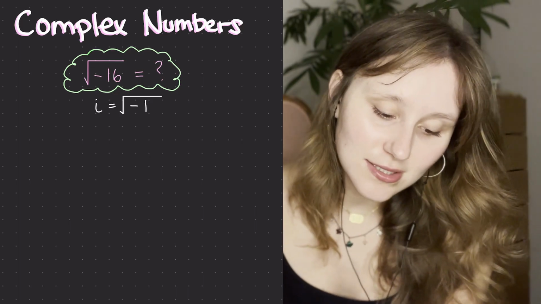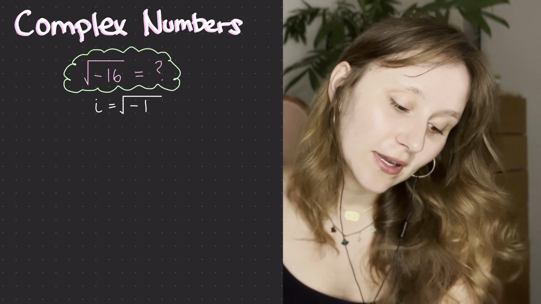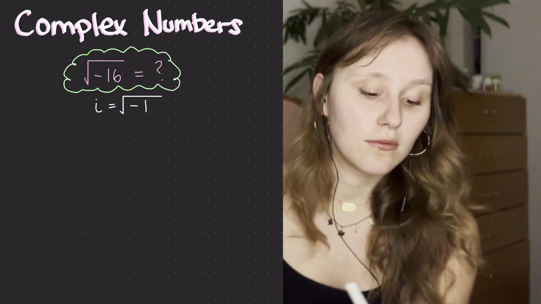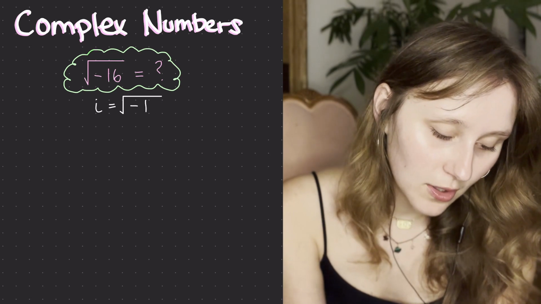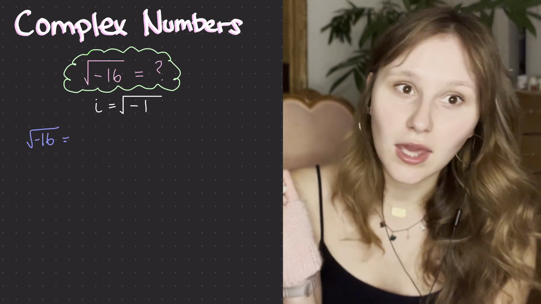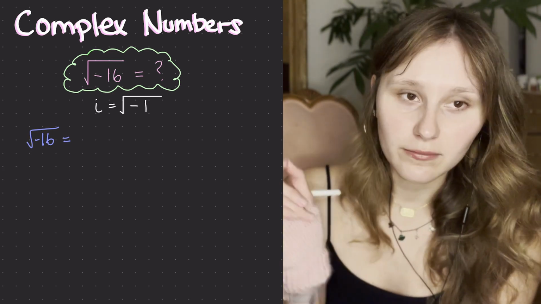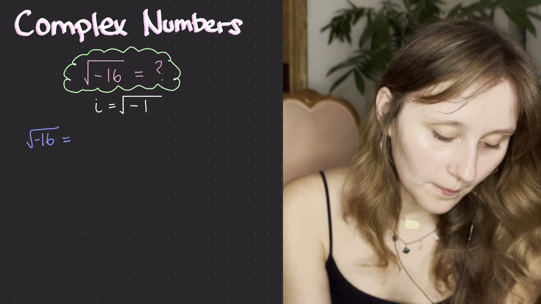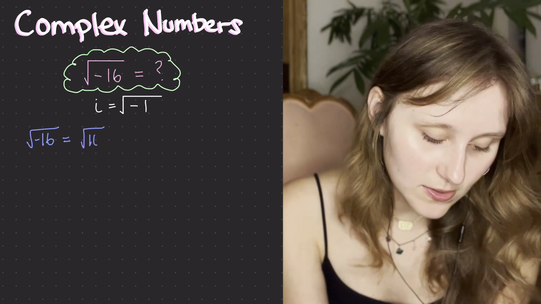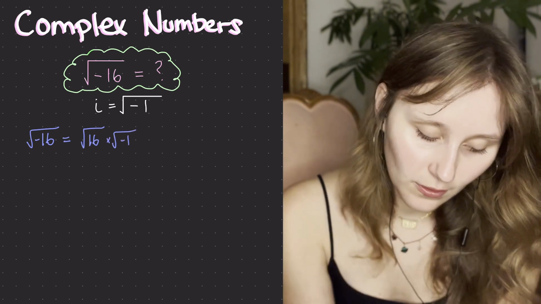If i is the square root of -1, let's figure out what this is. We take the square root of -16. A rule is that we can factor a square root as long as we keep that square root. So I'm going to do the square root of 16 times the square root of -1.